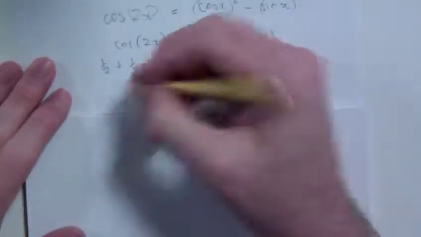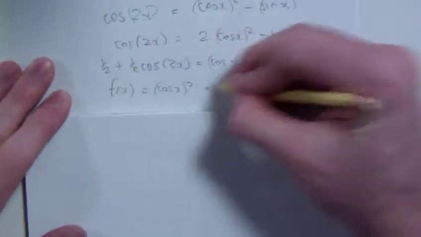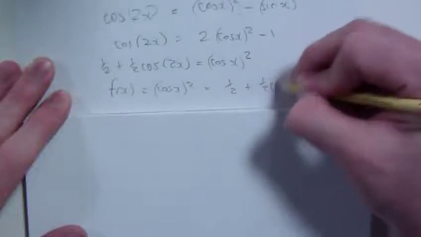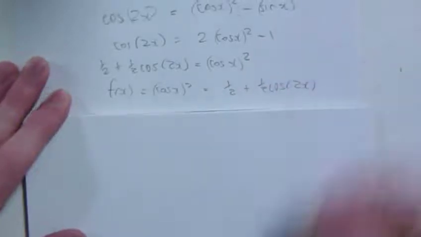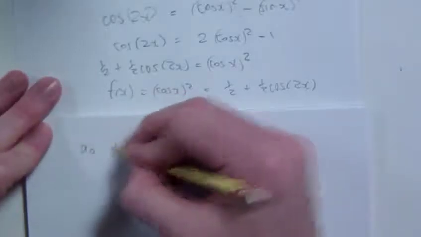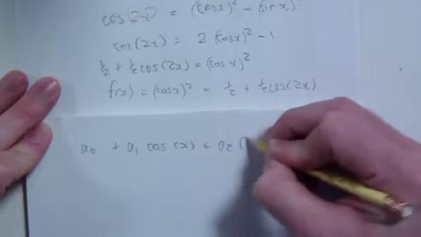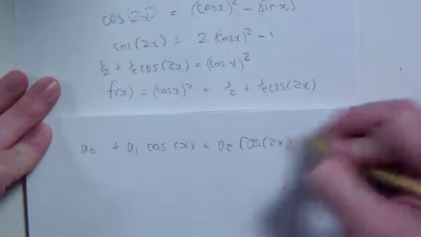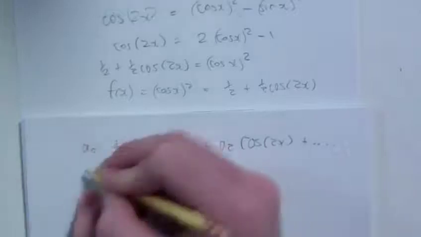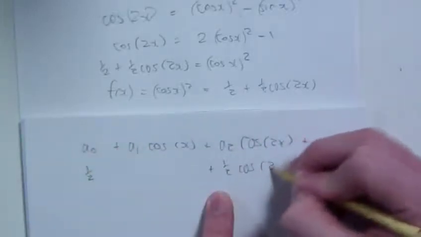So my f of x, which was cos x squared, is a half plus a half of cos 2x. And now it's already been written as a combination of cosines and sines, well, just cosines. And so in this sense, it's like if I had a0 and a1 cos x and a2 cos 2x and so on, I have a half and a half cos 2x.